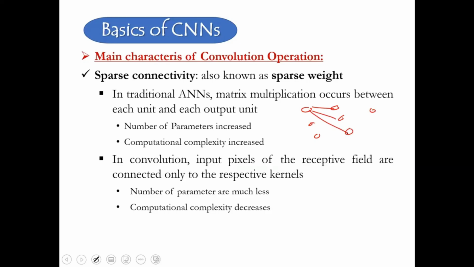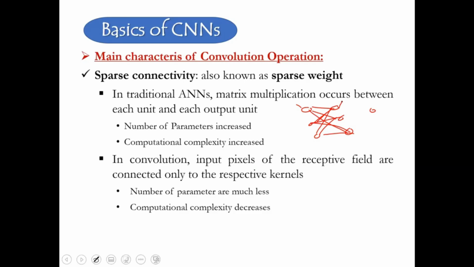Each node is connected to each of the hidden layer nodes, right? So the connectivity between the input and the hidden layer is more, the parameters to be learned in this model will increase, and computation complexity also increases.